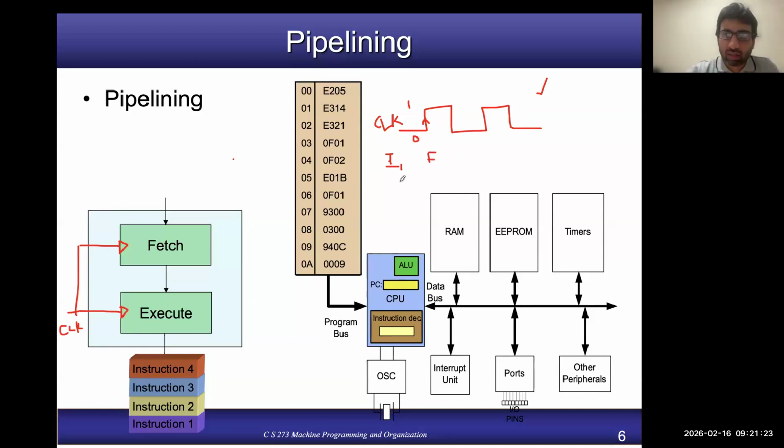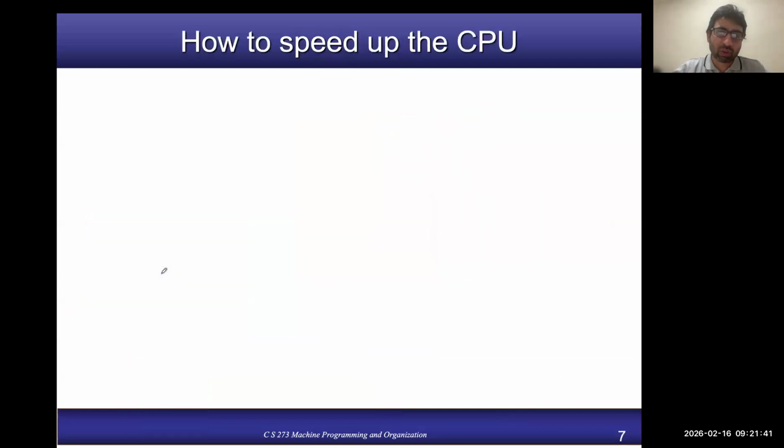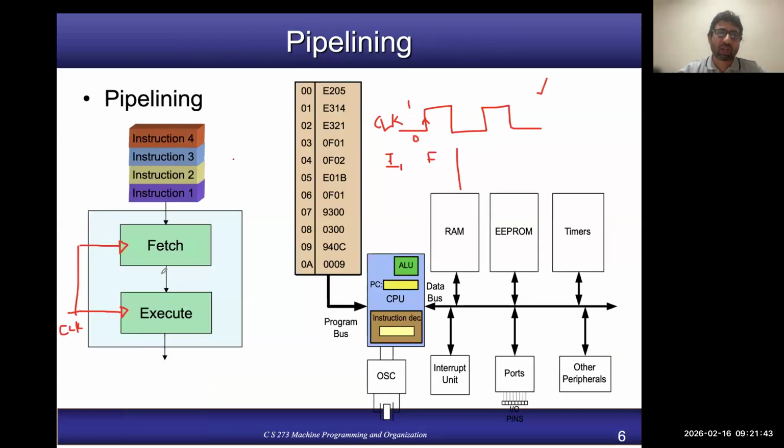So in the second clock, let me write. It's kind of difficult to represent. Sorry, let me go back, from the start. So you have the first clock and instruction 1 is fetched, right?